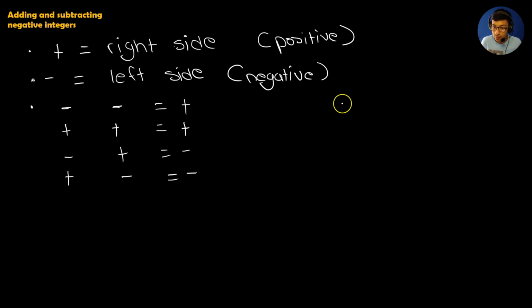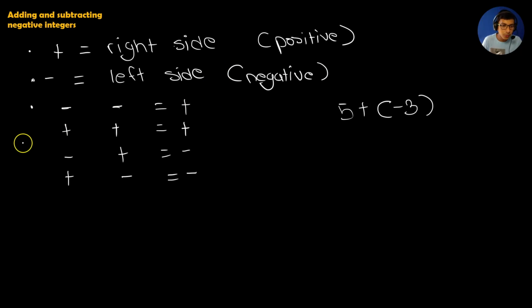So first example, 5 plus negative 3. It's a bit confusing, right? Since there is a positive and a negative together, should I be going to the right side or moving to the left side?